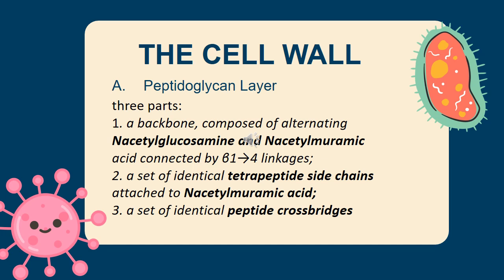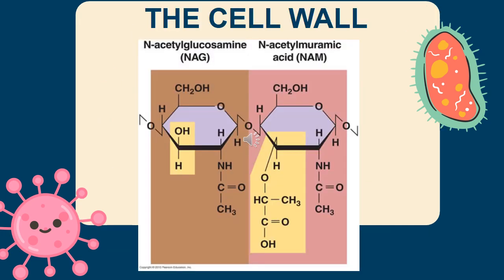Also, we have the set of identical tetrapeptide side chains attached to your NAM and a set of your identical peptide cross bridges. So that's what makes your peptidoglycan layer.